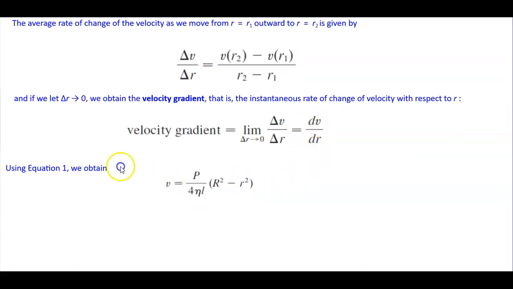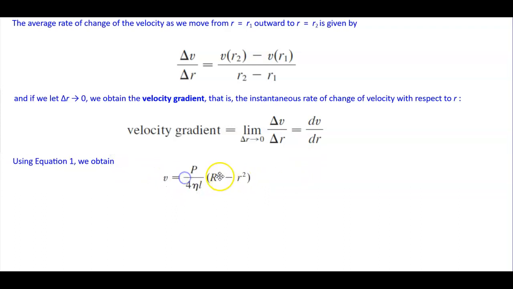So what we want to do is take the derivative of this function. We want to find the derivative of v with respect to r of the function P over 4 eta L times R squared minus r squared.